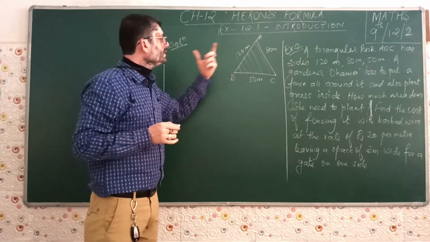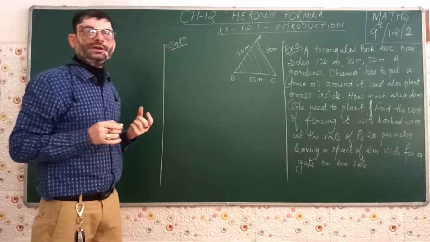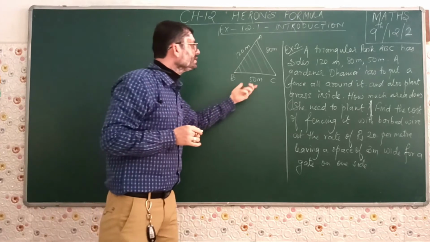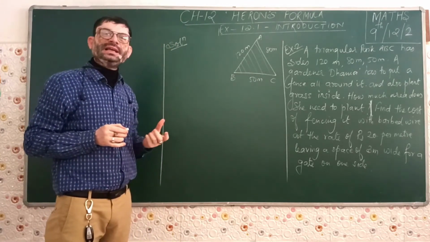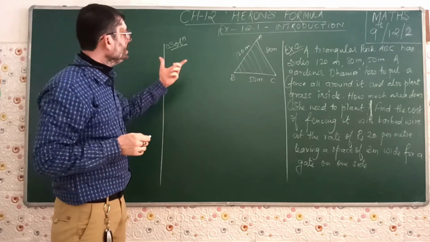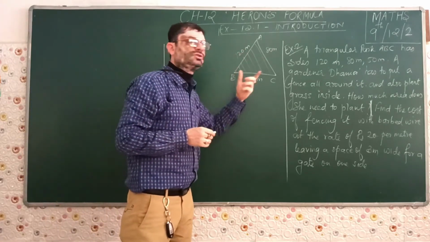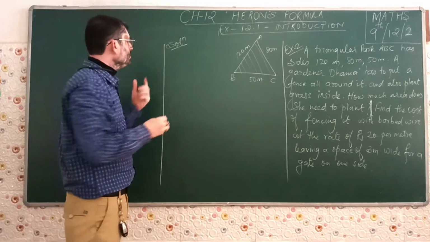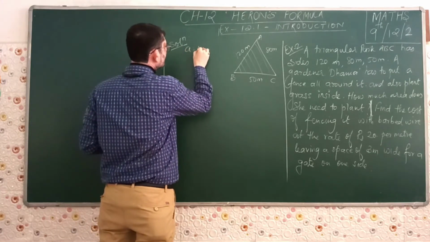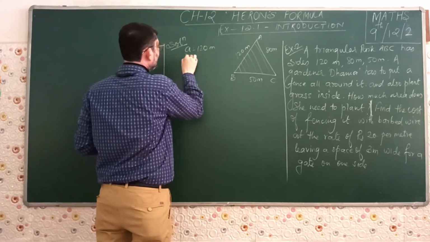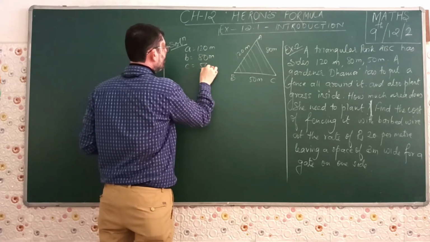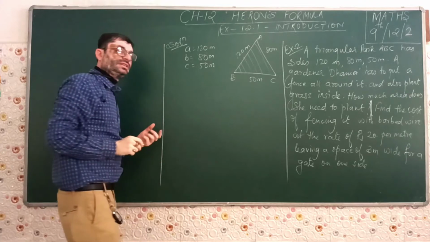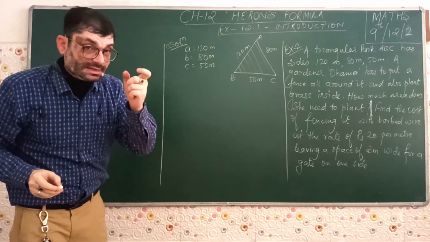So as per HERON's formula, we are given the three sides of the triangular part. So we can find the area using HERON's formula, considering any of the three sides to be A, B or C. So let us take A equals 120 meter, B equals 80 meter and C equals 50 meter. The very first thing that we have to find out is the semi-perimeter.